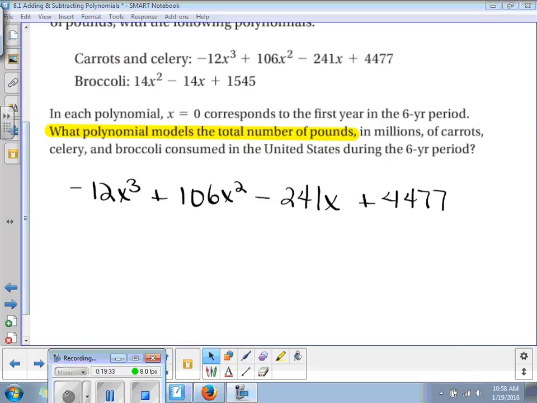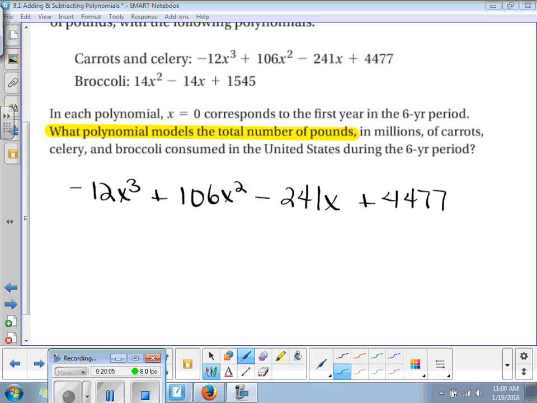Notice that each one of these terms, 3, 2, 1, and 0, okay? It's in standard form. If I were missing an x squared term, then I would put a 0x squared in there, okay? If I were missing a constant, then I would put a plus 0, okay? Because you have to have a column for every degree.